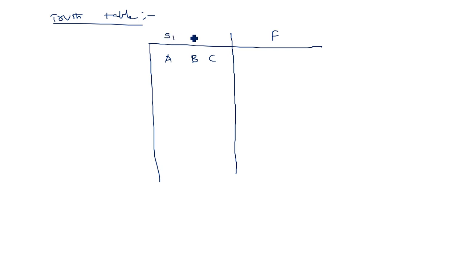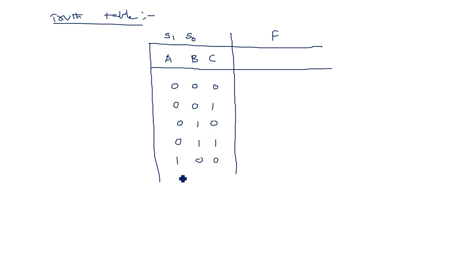But now I am taking S0, S1 as B and A, and C is not considered as a selection line. So this is the output. Okay, so 000, 001, 010, 011, 100, 101, 110, 111.